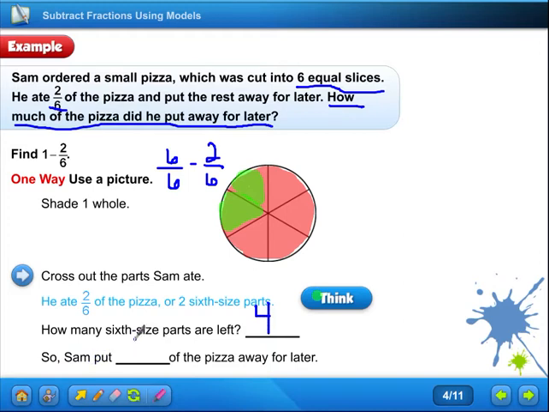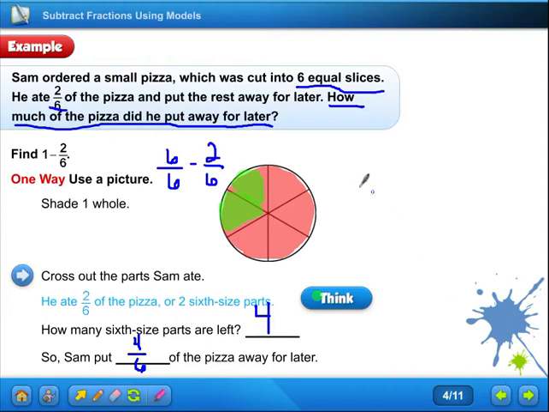So Sam put 4 sixths of the pizza away for later. He put all this away. 1, 2, 3, 4. 4 sixths.